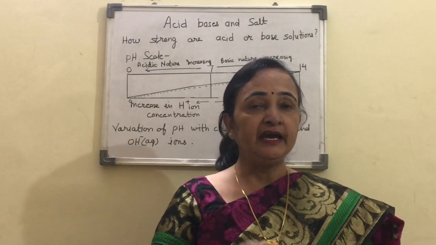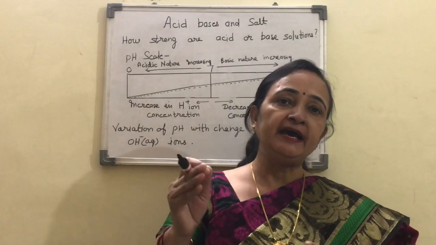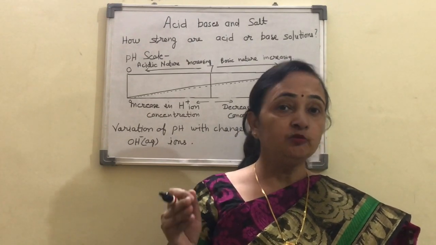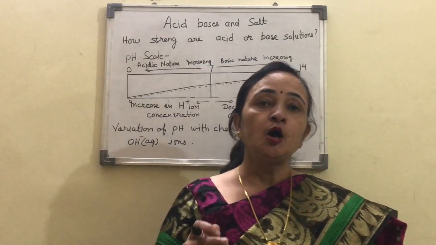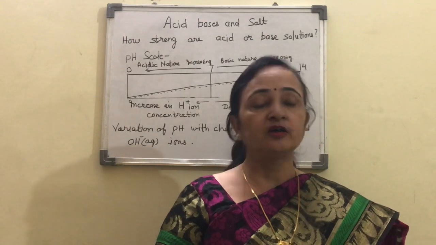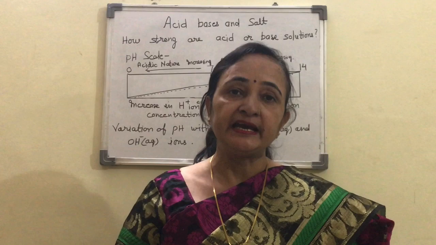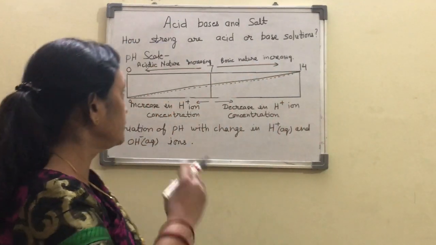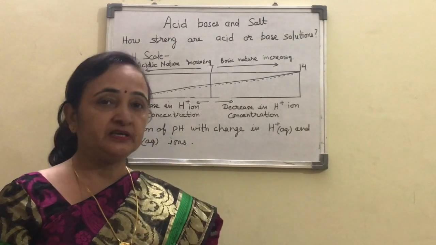When we add acid in water slowly, the acid is diluted. And you also studied that there is a decrease in hydrogen or hydroxyl ion concentration if we add acid or base. So now students, the question arises: how strong are these acids or bases?